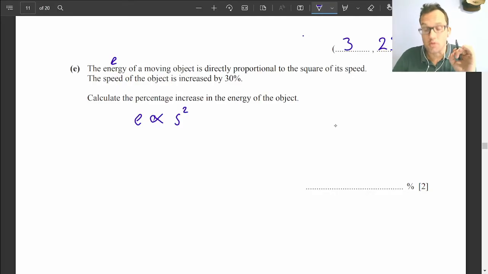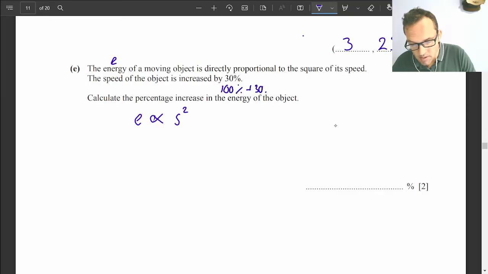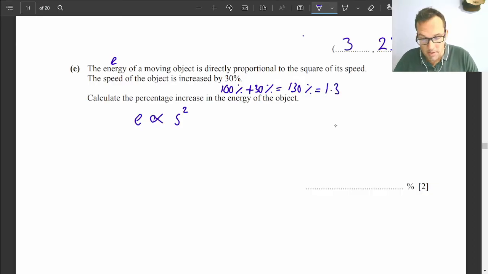Then it says the speed of the object is increased by 30%. It's always the same. When you increase something by 30%, you take 100%, you add 30%, you end up with 130%, of course, which as a multiplier or a decimal is 1.3.